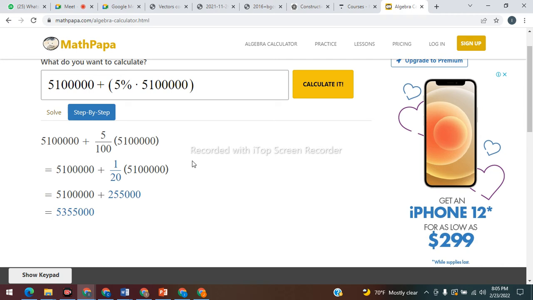So it's the same thing as what we basically do, we do it backwards. First we call this x and we call this x. And we were multiplying this by 5/100. And we just solve for x, and the value of x was 5,100,000.